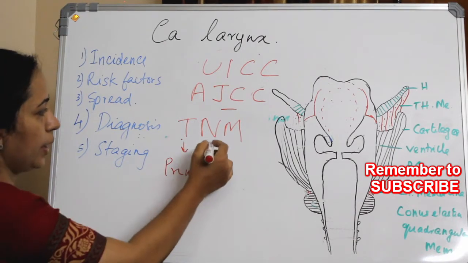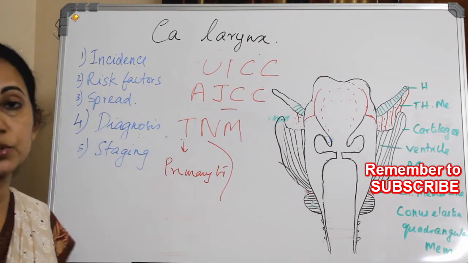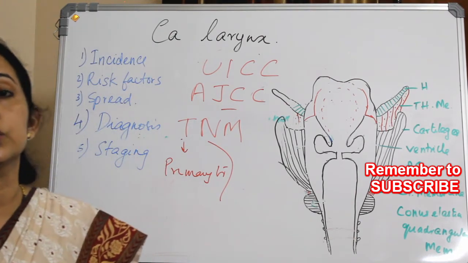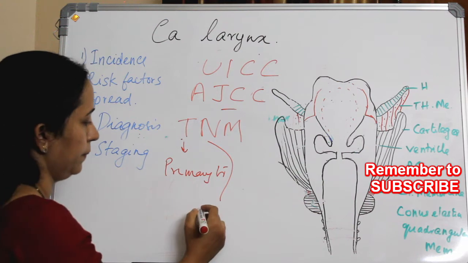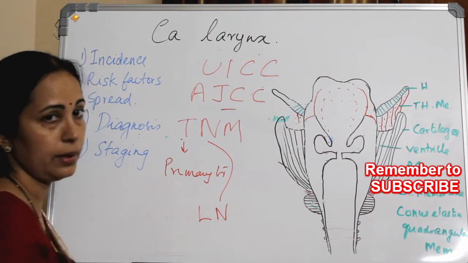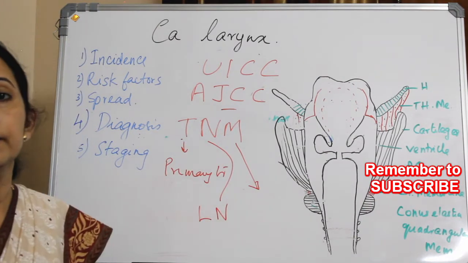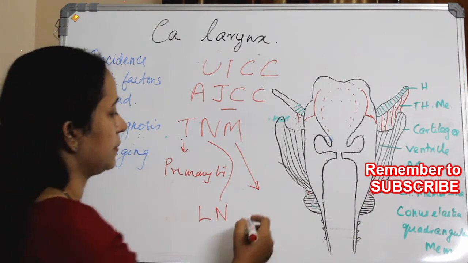For N it is the presence or absence of nodal metastasis, and also the extent of lymph node involvement. And M is the presence or absence of distal metastasis.